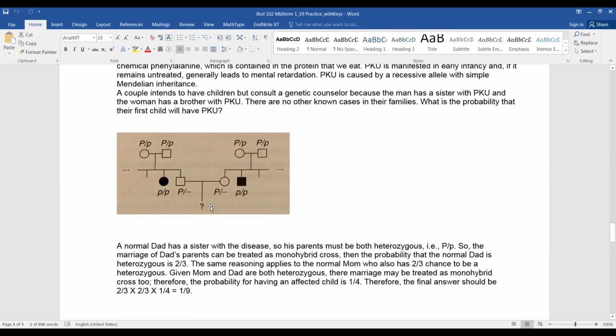If we want to calculate the probability that the kid will be affected by the disease, then we need to calculate the probability that this parent and this parent are heterozygous from these matings. Yes. So this is how we understand this problem and get this calculation here. All right, thank you for the information.